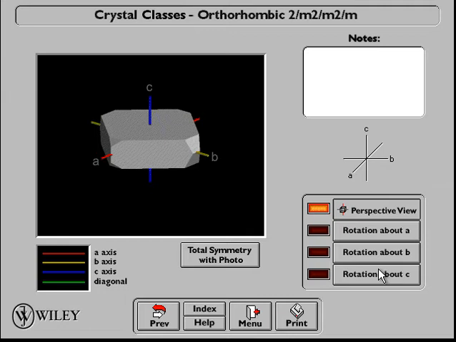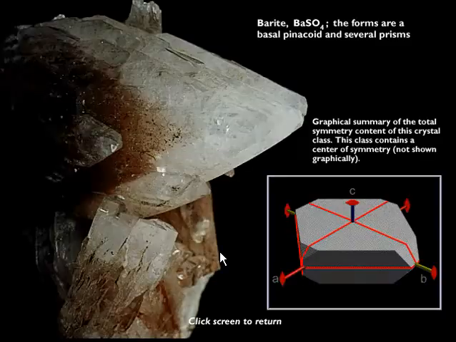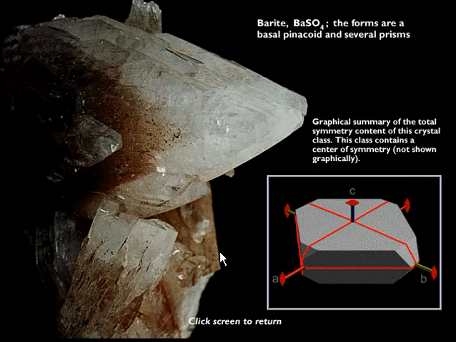So now we have an orthorhombic crystal with the crystal symmetry 2/m 2/m 2/m. We have then an inversion. At first we will start with the total symmetry with a photo. I will show you a mineral, barite, that forms a basal pinacoid and several prisms.